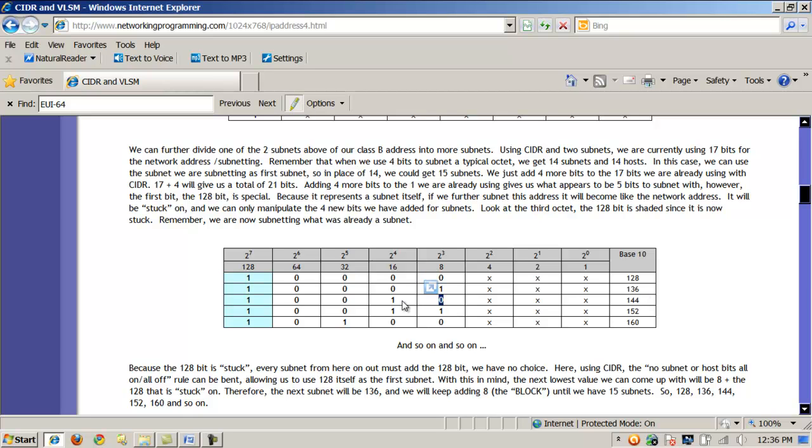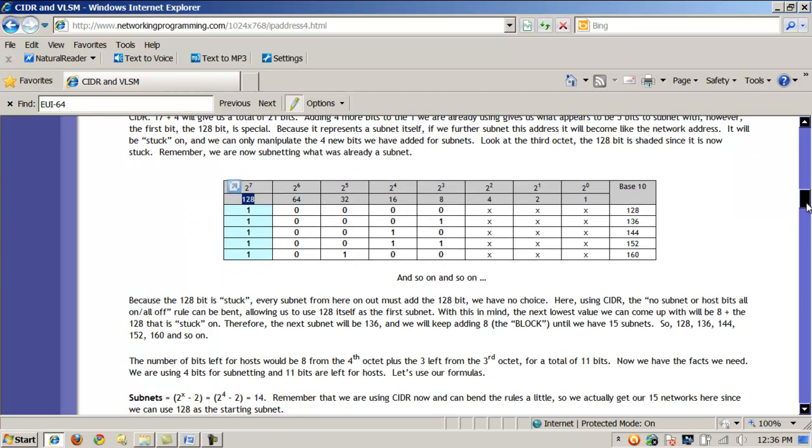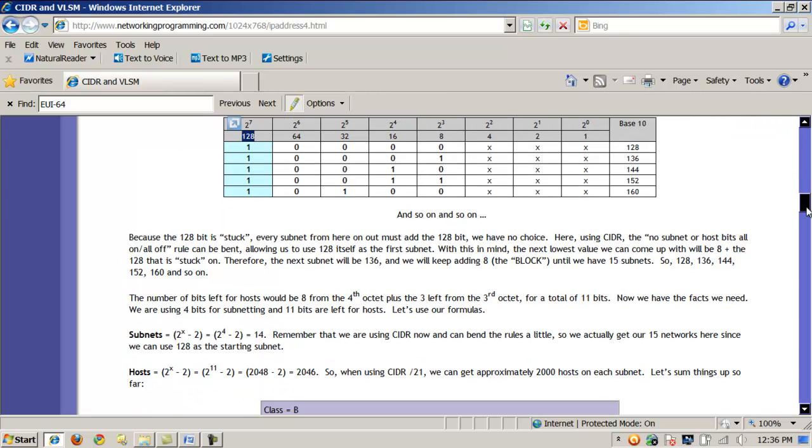The next lowest value is if I turn everything off and turn the 16-bit on. That's 144. The next lowest value, if I turn both of these on, the 8 and the 16, gives me 152 here. And then if I turn both of these off and turn the 32-bit on, that would give me 160. So just manipulating these 4 bits and going through the bit values, you can see that these are the 14 possible subnets plus the original subnet here when I applied my VLSM to that standard class B network.